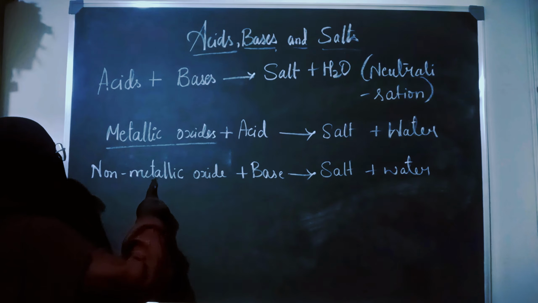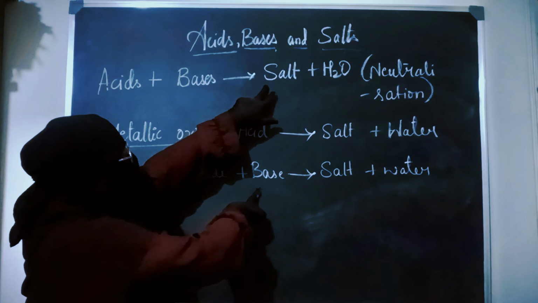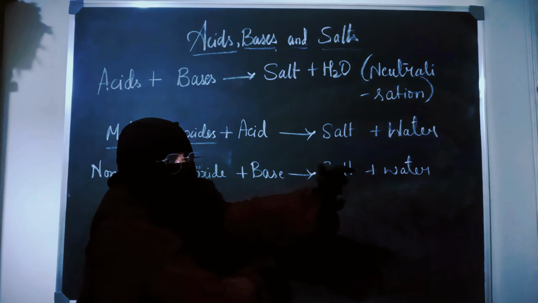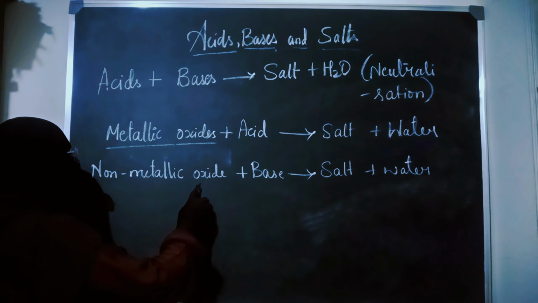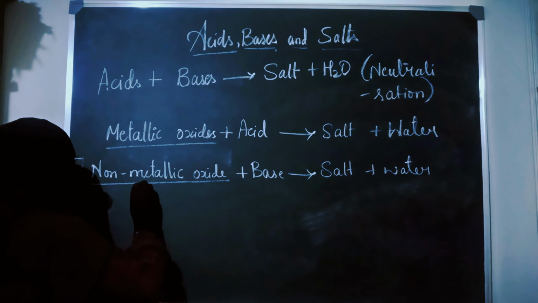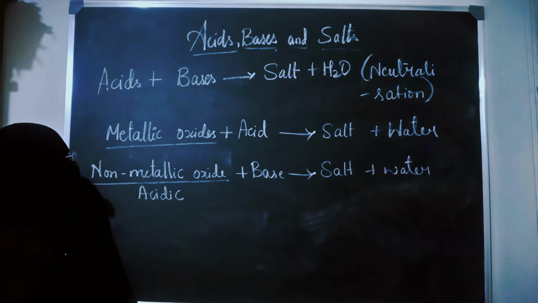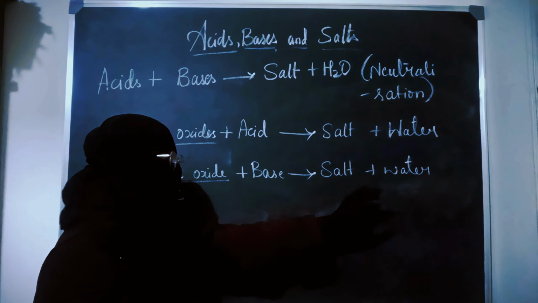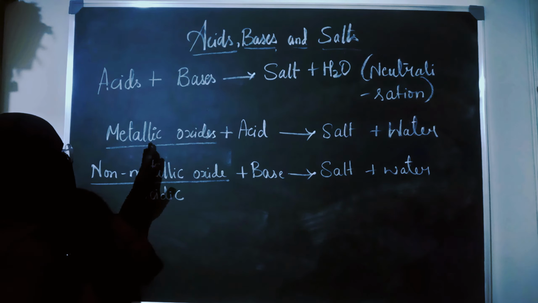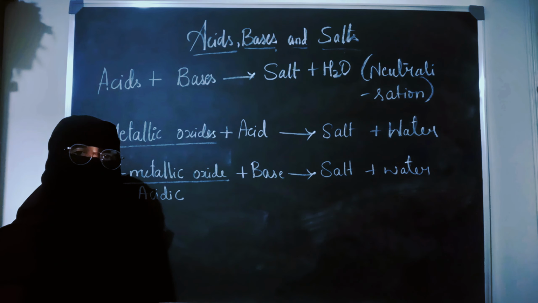See, I have a non-metallic oxide in place of acid. I have bases. I have salt being formed along with water. That means it is again equal to the neutralization reaction. That means these non-metallic oxides are acidic in their nature. The same way, students, whenever a non-metallic oxide reacts with a base, it leads to the formation of salt and water. So this is also a type of neutralization reaction taking place, and so we consider the non-metallic oxides to be acidic in their nature.